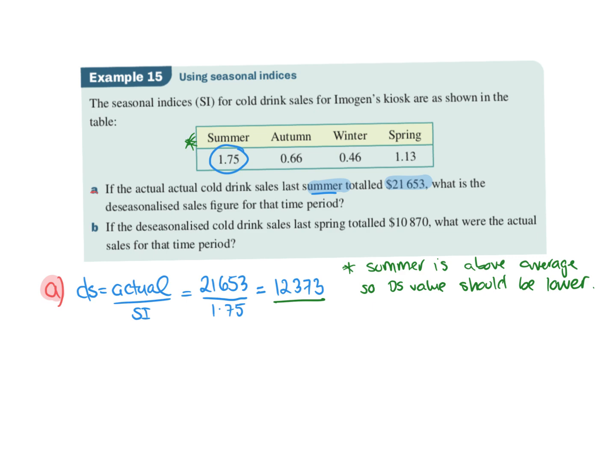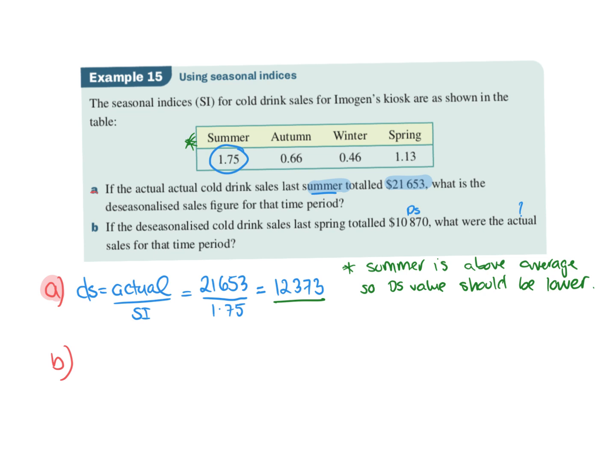We can see that. All right, so then in part B, it says if the deseasonalized value for cold drinks last spring totaled to this, what was the actual for that sales period?